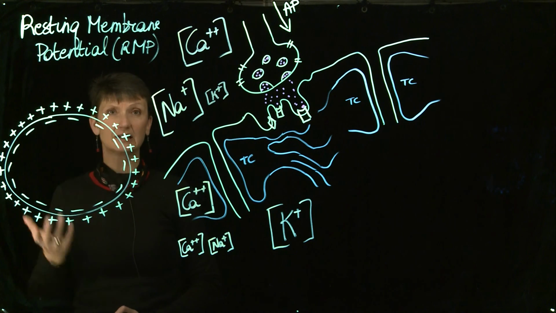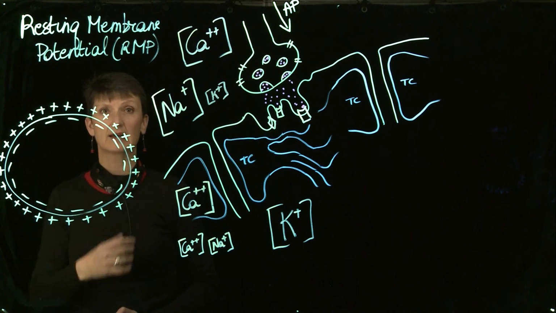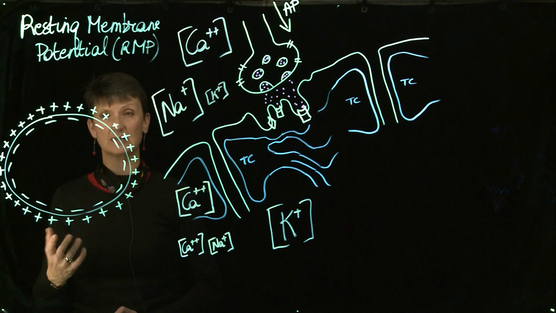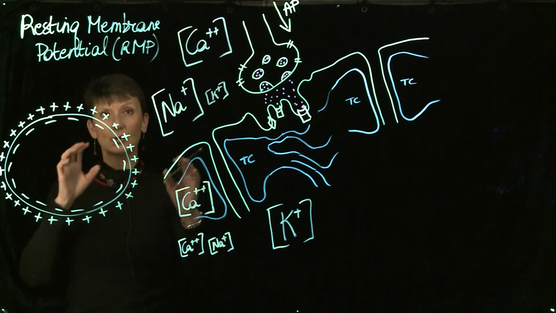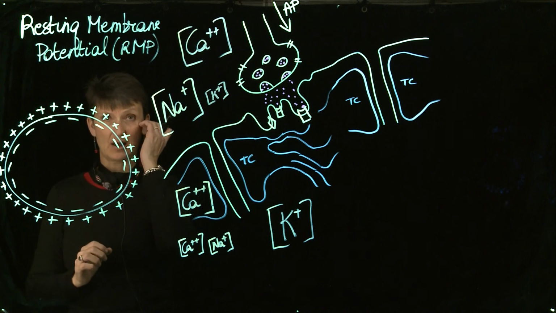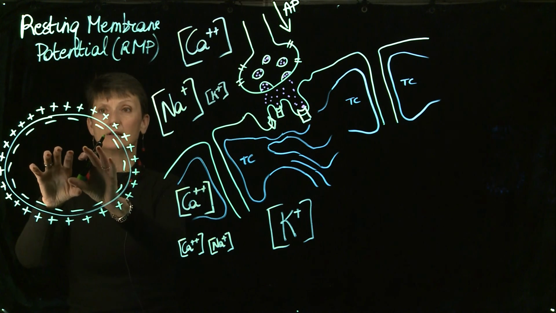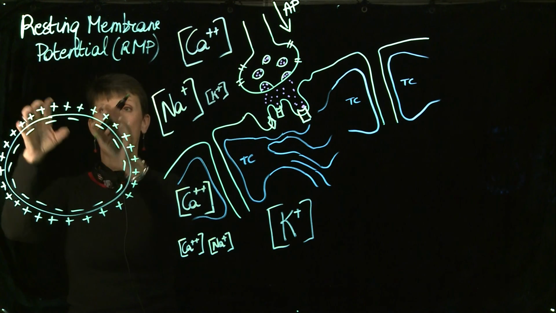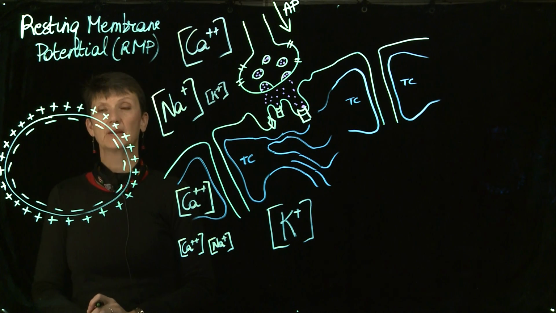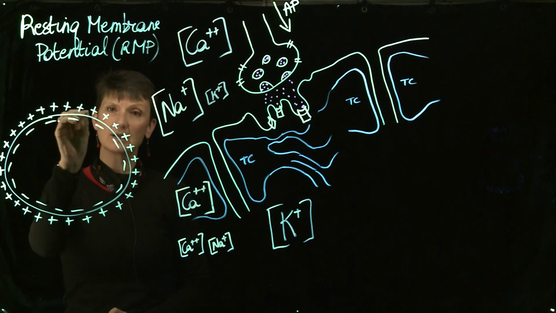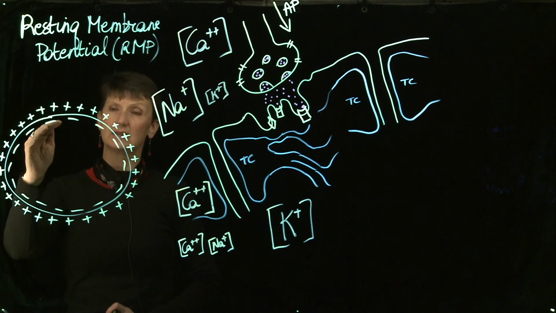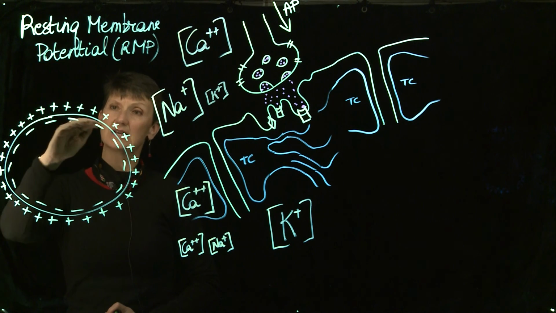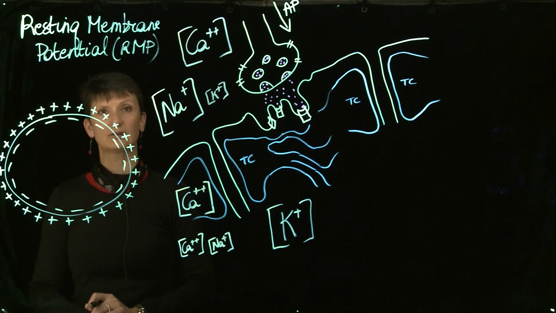We also have negatively charged ions like chloride, like amino acids, like phosphate. Same ones on the outside. So we have both positive and negative ions inside of a cell, intracellularly, as well as extracellularly. It's just that right across that cell membrane, the ions arrange themselves such that we see that the inside is less positive compared to the outside.